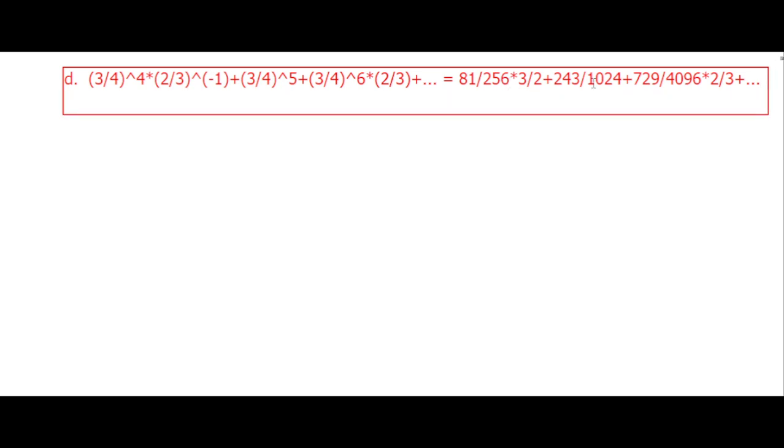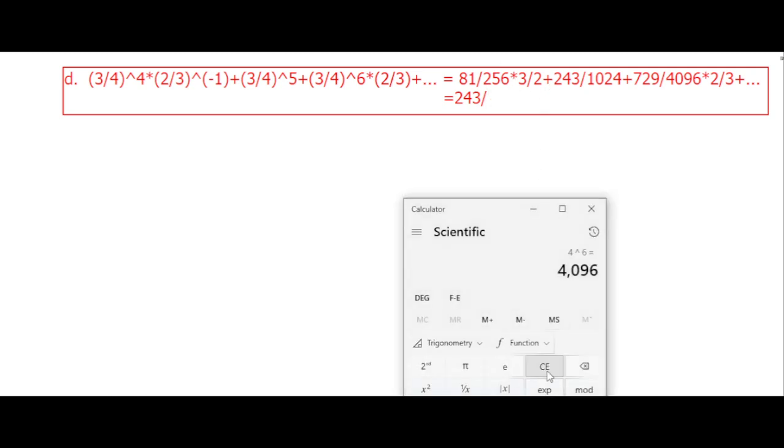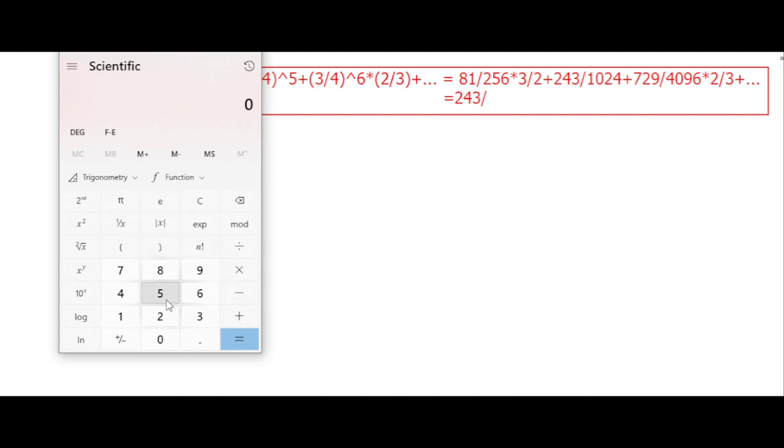Again, let's multiply this. 81 times 3 is 243, over 256 times 2 times 2, which is equal to 512.